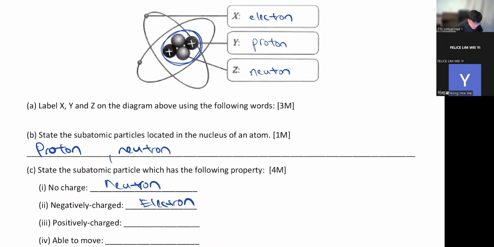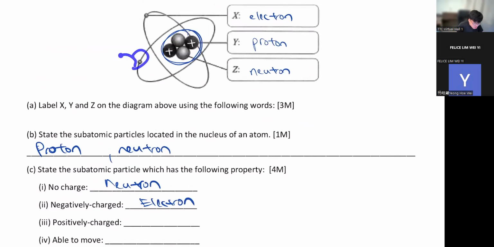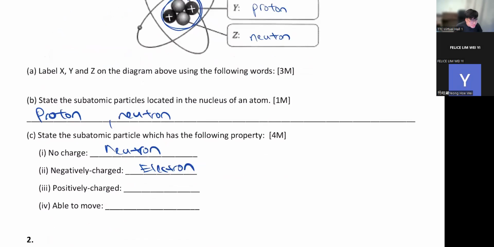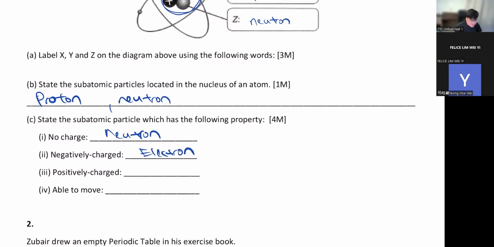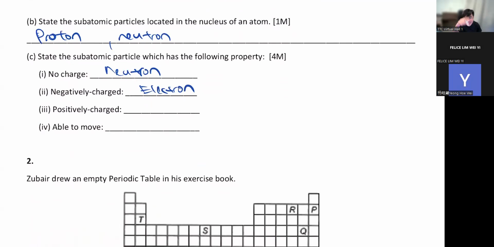I think you learned this already. When electrons flow, we call it electric. The flow of these charged particles is called electric current. So electrons create electricity. Thunder and lightning are electric. Lightning is electrons.